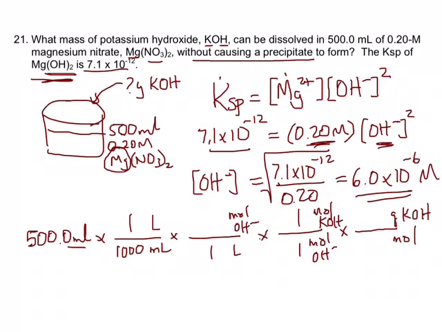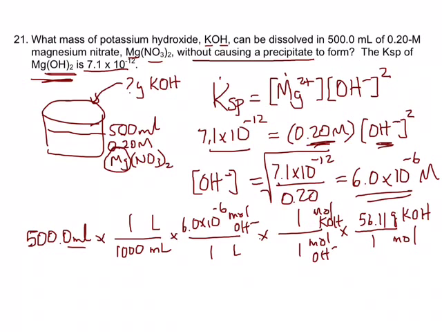The concentration was 6 times 10 to the minus 6 moles per liter. 1 to 1, the hydroxide in KOH. And then the molar mass of KOH, 39.1 potassium plus 16 plus 1.01. I get 56.11 grams per mole.